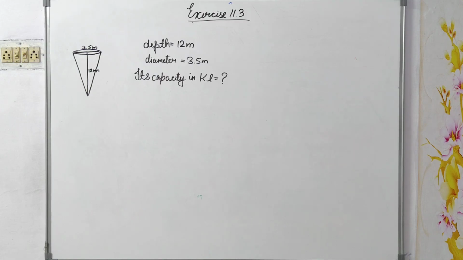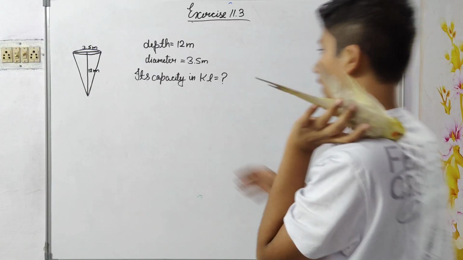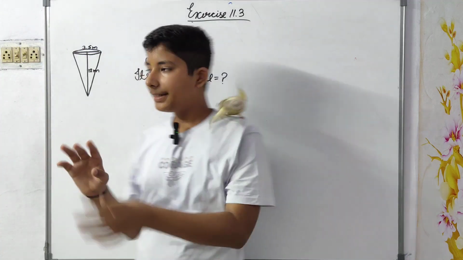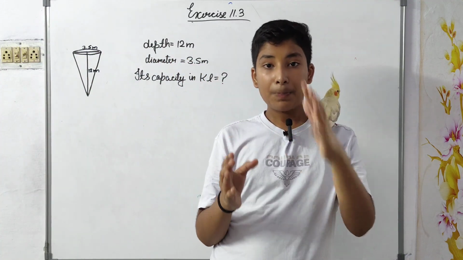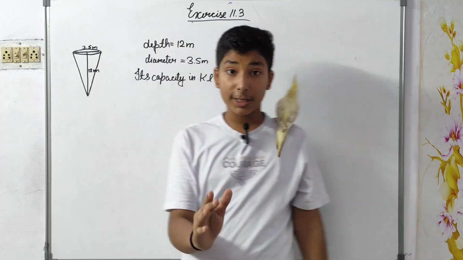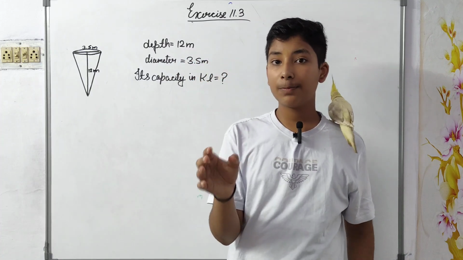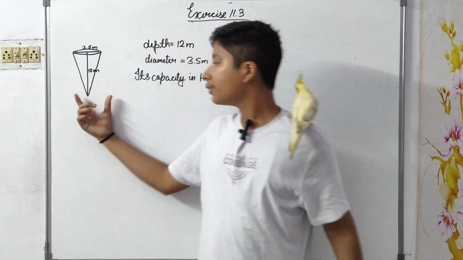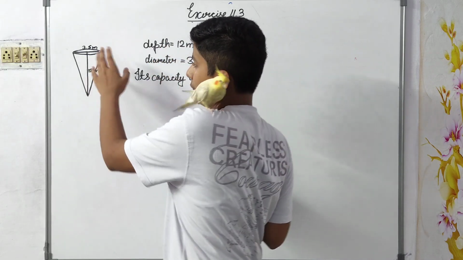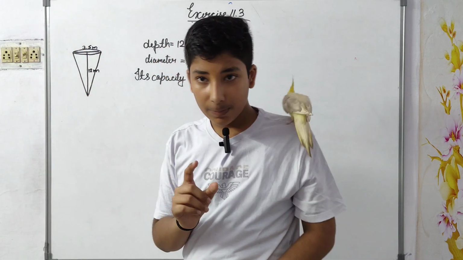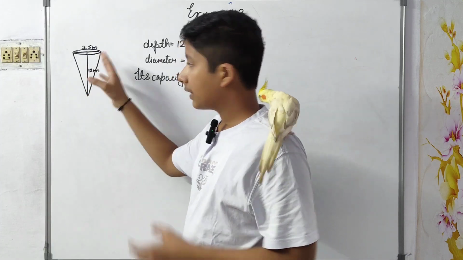Now, continuing with the next. Here it is given that there is a conical pit. Conical pit means a pit, a hole shaped like a cone. Conical shape means shape of cone. So a hole shaped like a cone with a diameter of 3.5 meter and a depth.